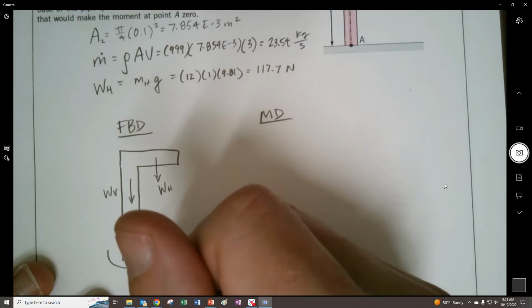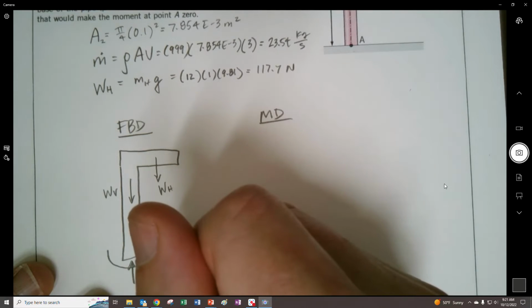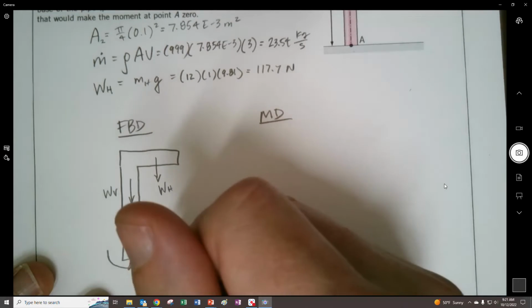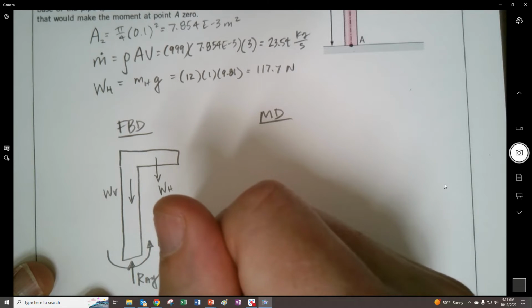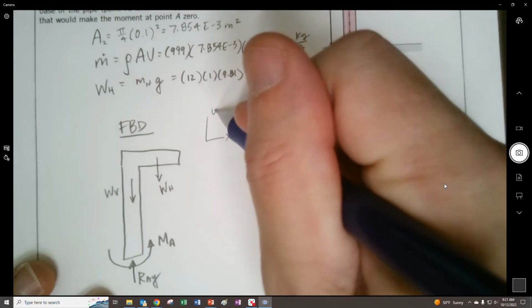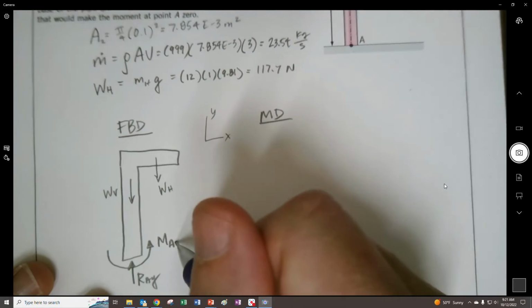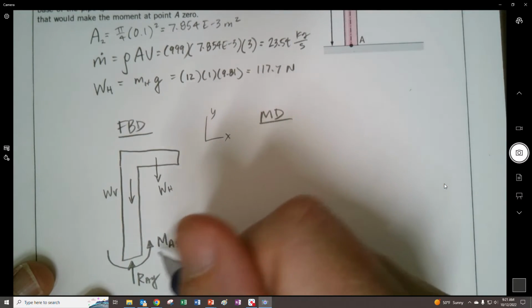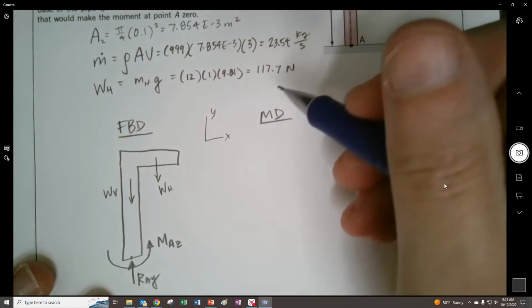We don't know what direction necessarily this is going to be. So I'm going to go, default is counterclockwise. And if we declare that to be X and Y, therefore this is the moment at A about the Z axis.